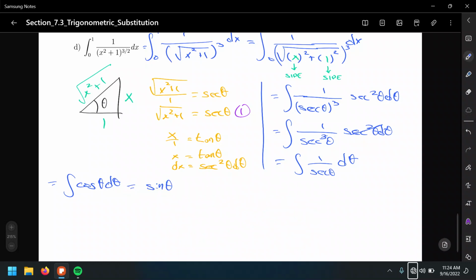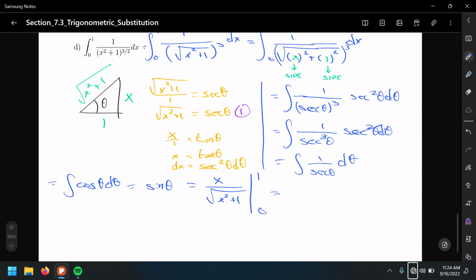So this means SOHCAHTOA with a triangle, that means sine. So sine, which is opposite over hypotenuse, that's x over the radical. Do we agree with this? Okay, so x over the square root of x squared plus 1, and in this case we put the bar to indicate that we evaluate the integral from 0 to 1.